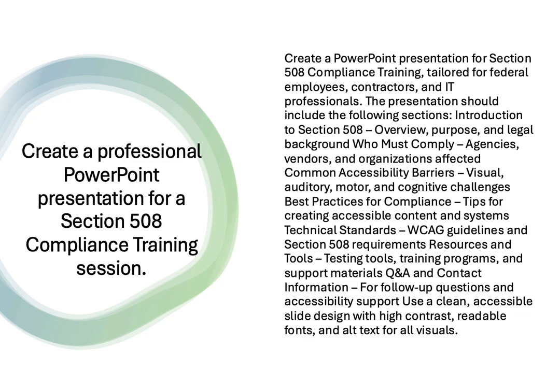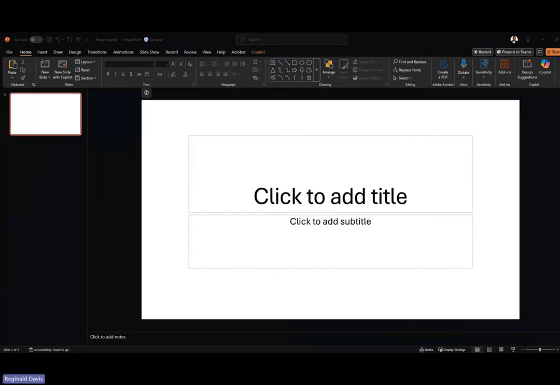I also want it to use a clean, accessible design with high contrast, readable formats, and alt text for visuals. As you can see, I have a brand new blank PowerPoint presentation.